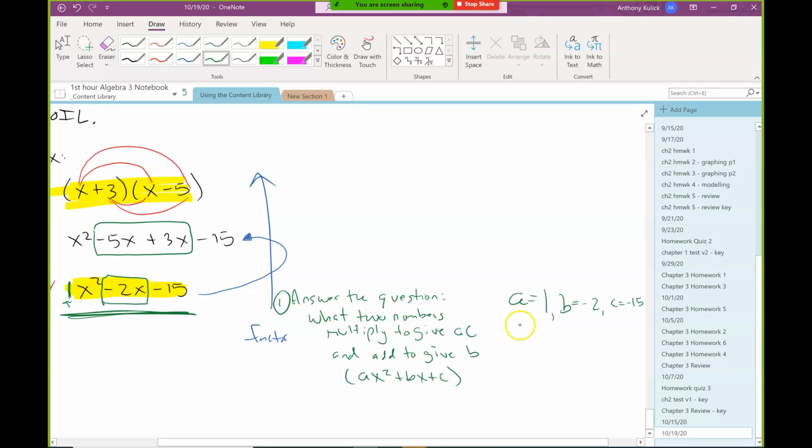So what I need to do then is find two numbers. I'm going to call those numbers M and N. They need to multiply to give me 1 times negative 15, or negative 15, and also add to give me negative 2.